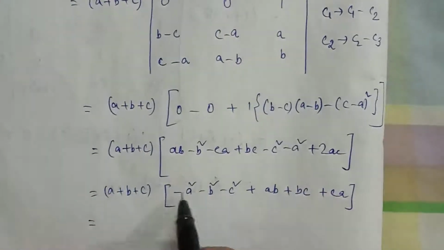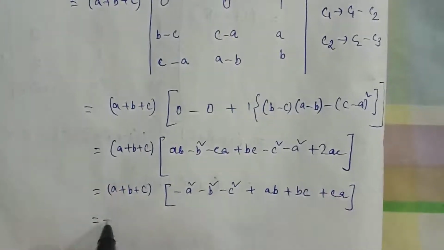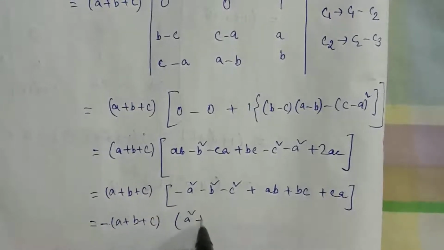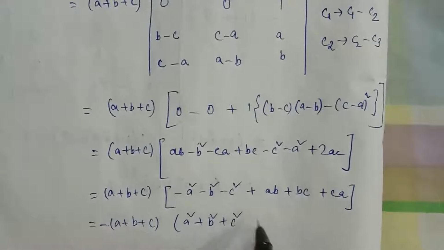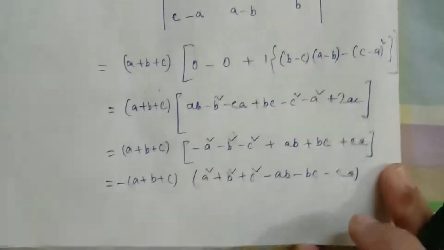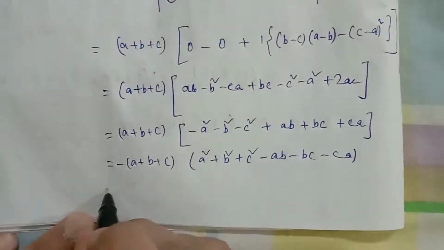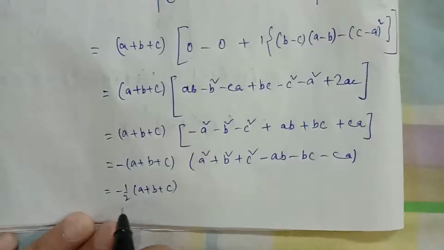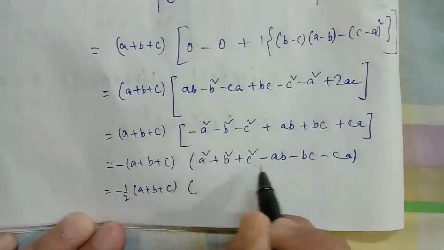Taking minus sign common, it will be minus of a plus b plus c into a square plus b square plus c square minus ab minus bc minus ca. Next, we have done this in class 9. Half into, we will multiply this expression by 2.